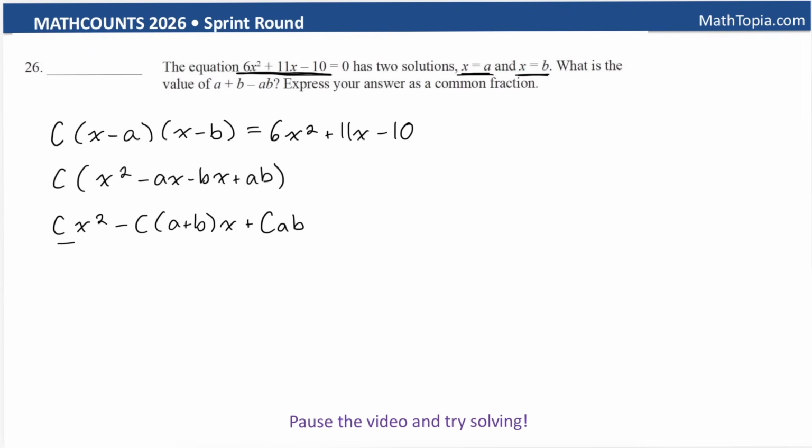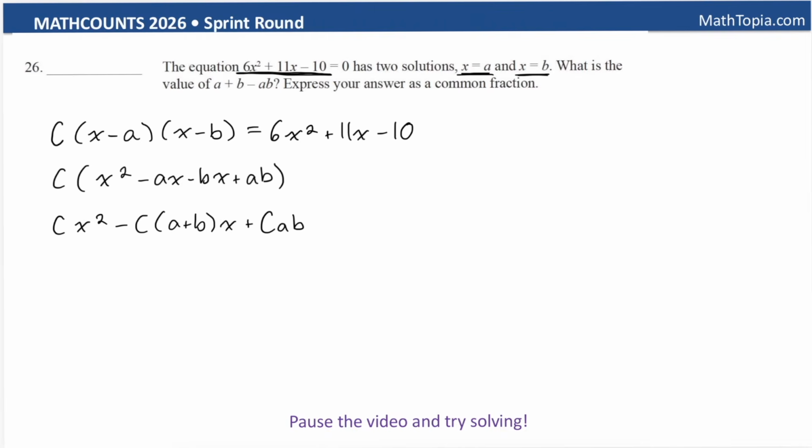And again, this equation is the same as the original equation. So to figure out what c and a plus b and ab are, we can compare each of these terms, our x squared term, our x term, and then our constant, to the corresponding terms in our original equation.